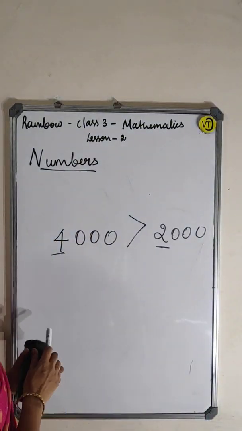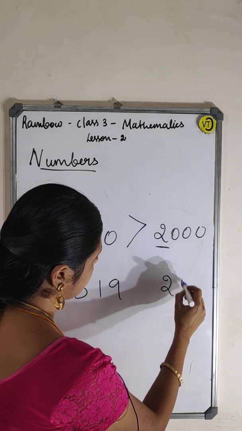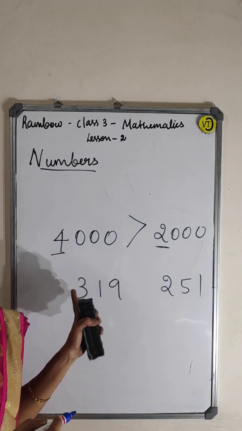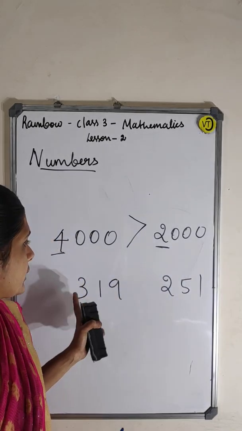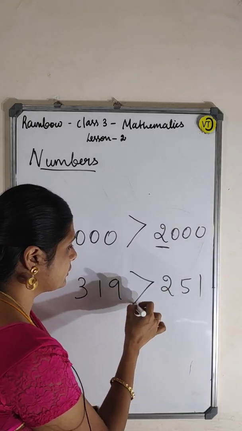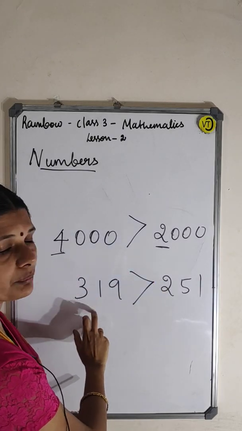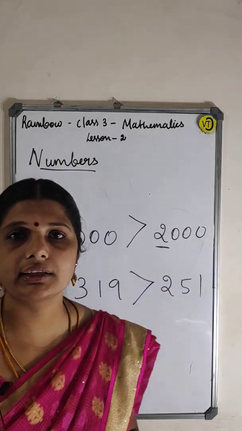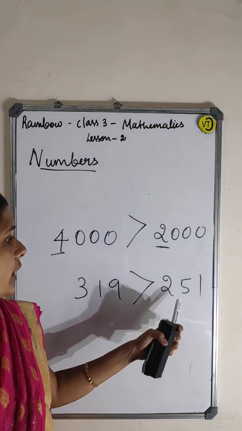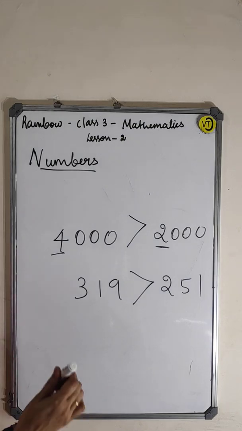Then one more number, 319 and 251. Here you have to check the leftmost digit, 3 and 2. Which is bigger here? 3, obviously. So the crocodile mouth is opened toward the bigger number. So 319 is bigger than 251.